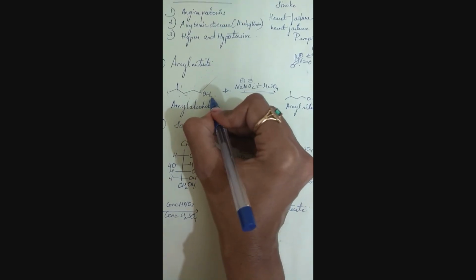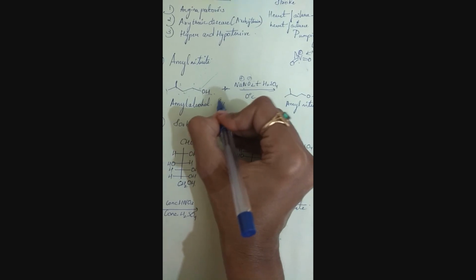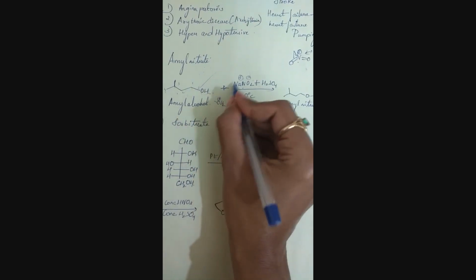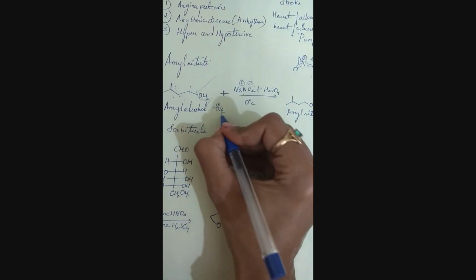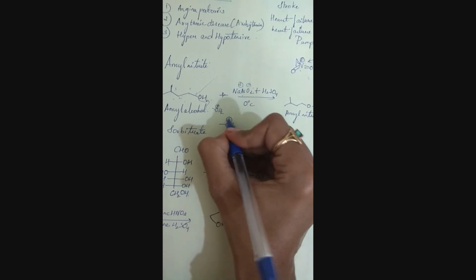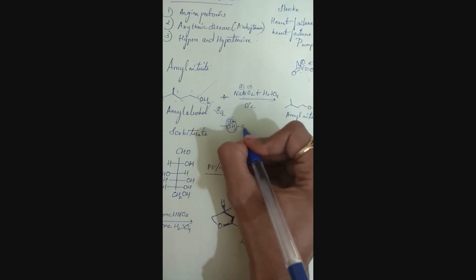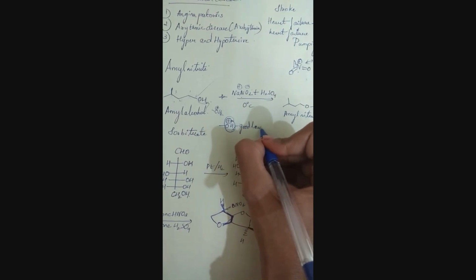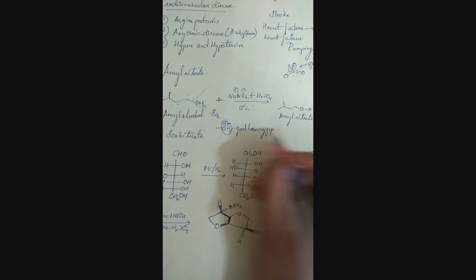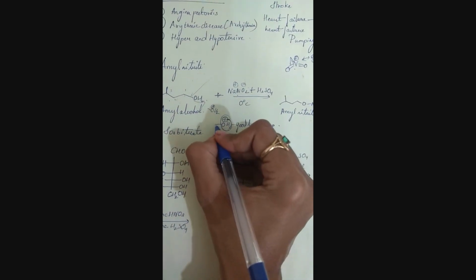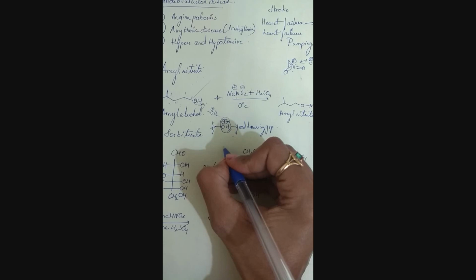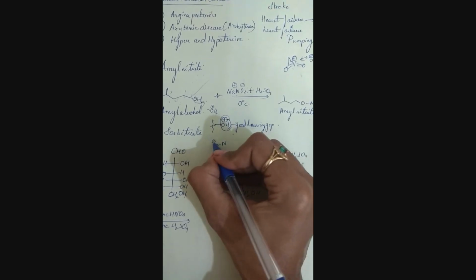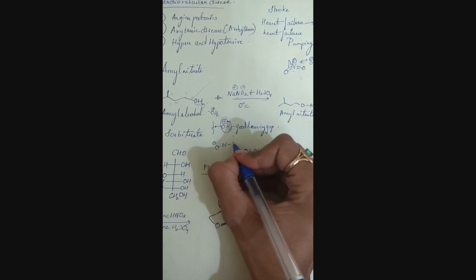First this is protonated, it becomes OH2 plus, and this is a good leaving group. Think of this whole chain as carbon, and this is a nucleophilic substitution.